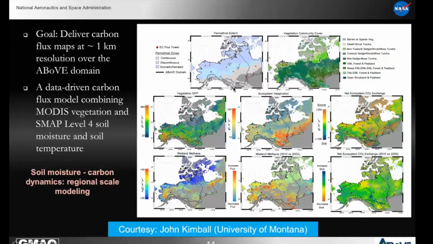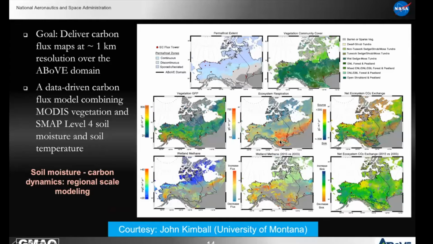This is a highlight slide from John Kimball at University of Montana. As part of their ABoVE work, they plan to deliver carbon fluxes at 1 kilometer over the entire domain. This is a continuation of the work that he does as part of the Soil Moisture Active Passive mission, the SMAP Level 4 product, in which they use a very simple flux model based on vegetation and combine soil moisture estimates from SMAP to come up with estimates of GPP, respiration, net ecosystem CO2 exchange, and wetland methane.